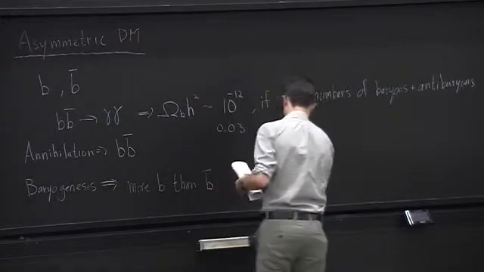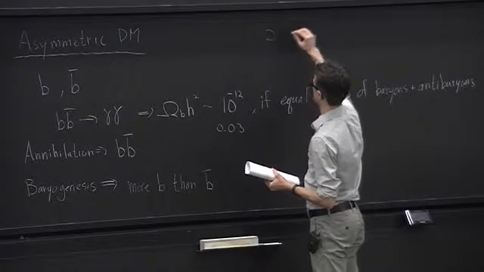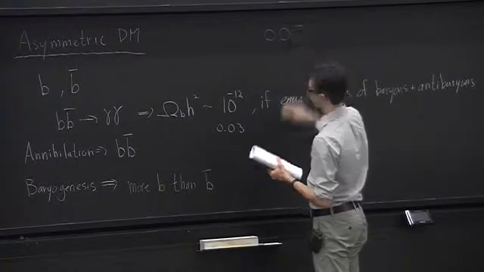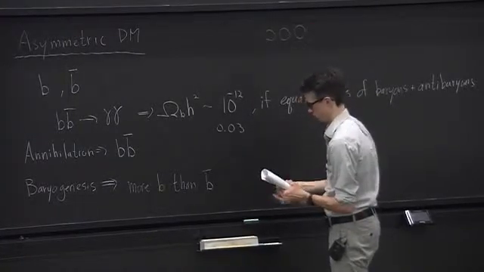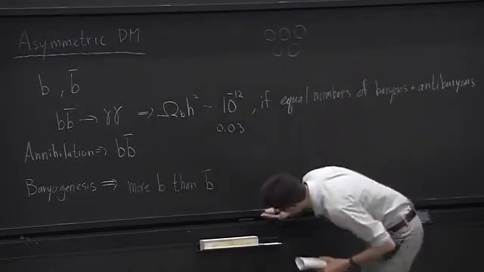So just to draw a dumb picture, suppose I start with a universe with 3 baryons and 2 antibaryons. I lost my chalk.